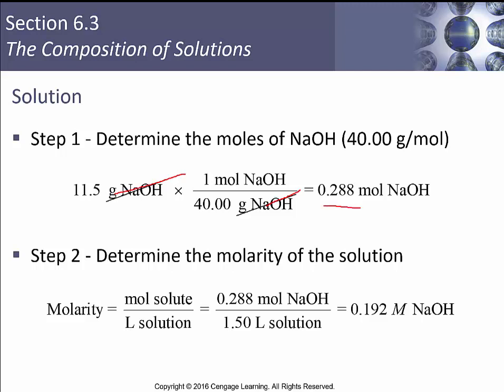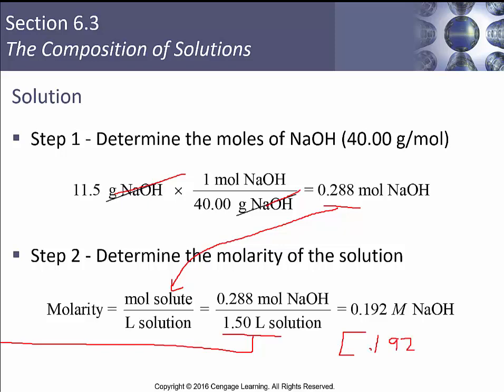Then to compute the molarity, that's moles of solute per liter of solution. Well, we just had moles right there, and we were told in the preceding slide that it was 1.5 liters of solution. All we do is divide, and we end up with 0.192 moles per liter of sodium hydroxide, or 0.192 molar sodium hydroxide.